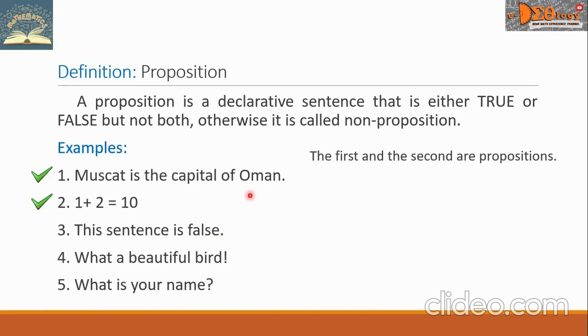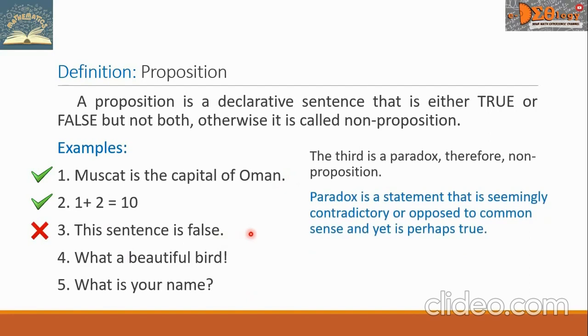The first and second examples are propositions. The first example is true, while the second is false. The third is a paradox, therefore non-proposition.